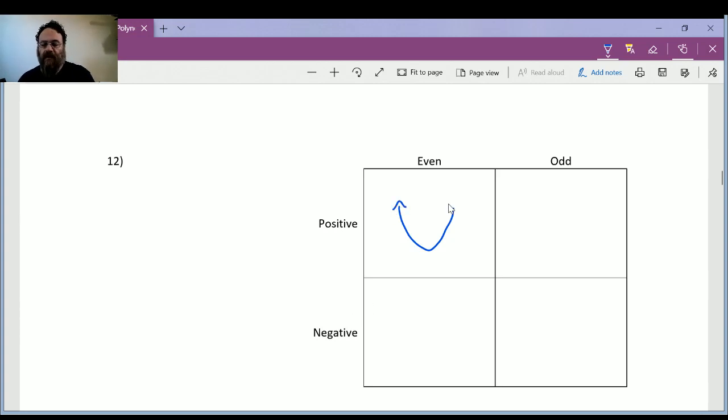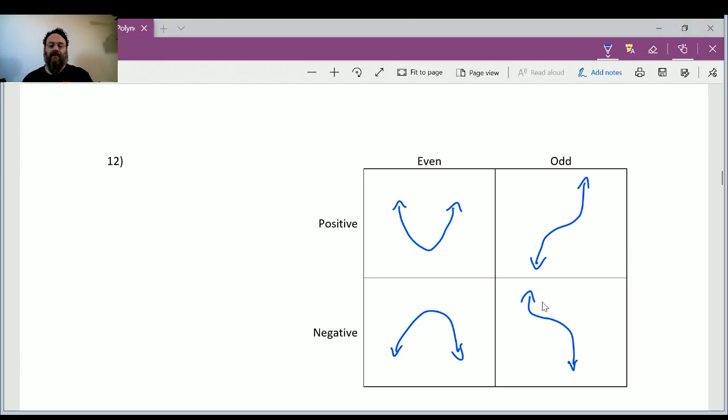Both arrows are pointing up. If it's even and negative, then both of them point down. The odd ones, positive, goes like this, and negative goes like this. That's it. That's all you need to remember about end behavior.